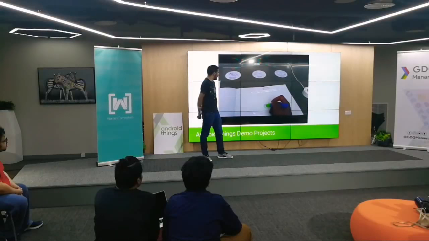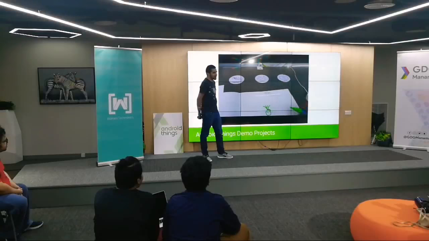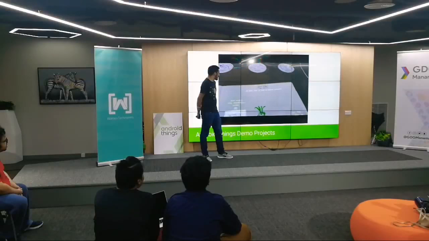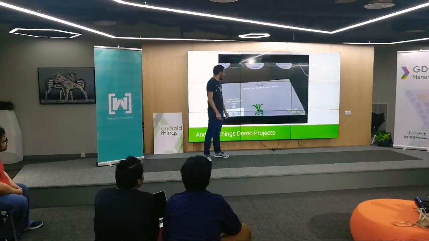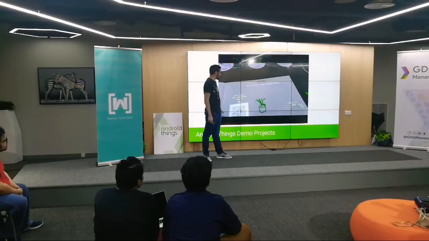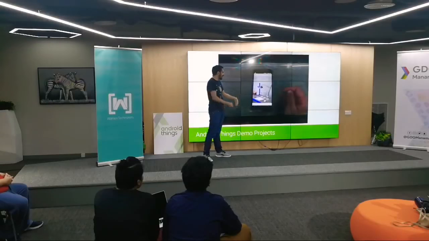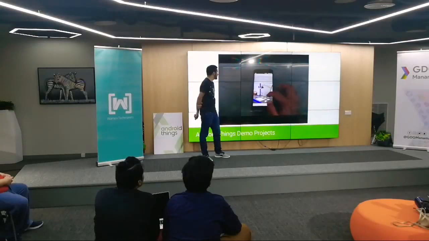Then you start drawing the house plant. I can't draw very well, I'm sorry. So it says, I see a house plant. So it's identifying it using machine learning, and if you want to see how it saw that, you scan the QR there, and it will show it on your phone. It shows you what you drew.